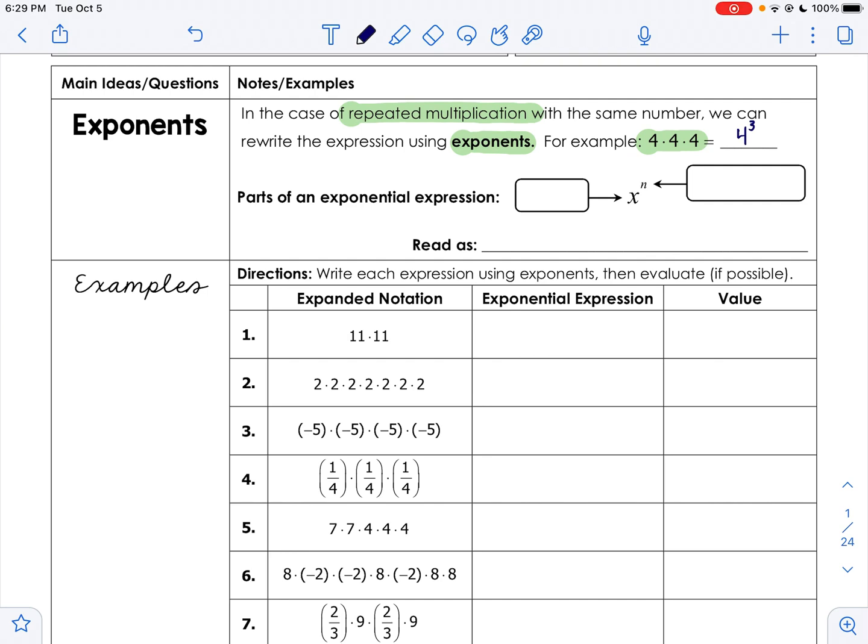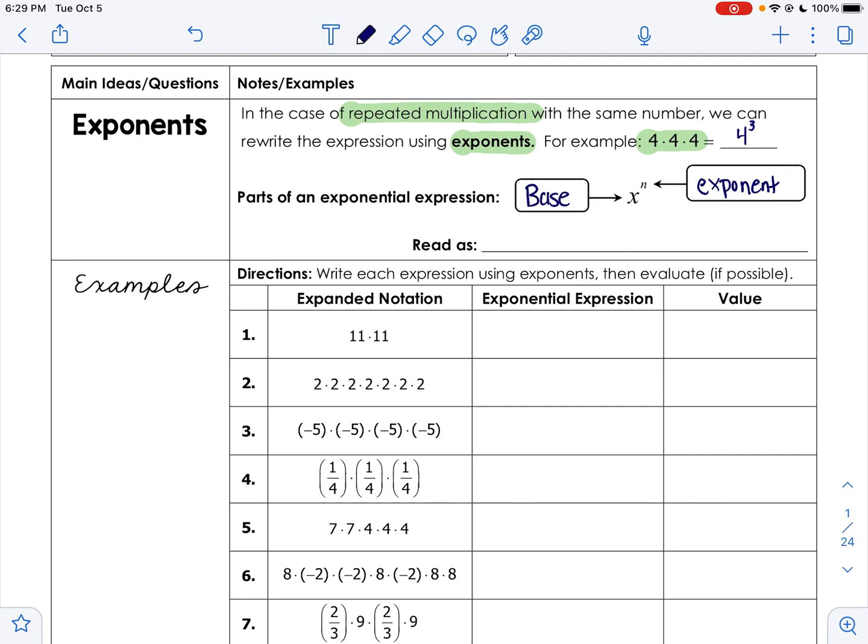So when we take a look at the parts of the exponent, in that example, the 4, that bigger number, is called our base. And the superscript, the smaller number in our example, 3, that is called our exponent.